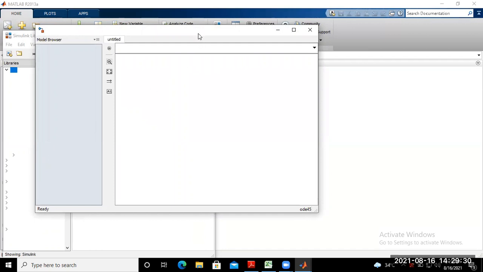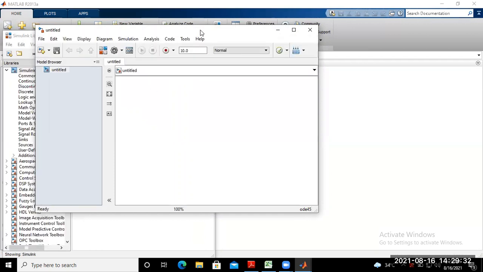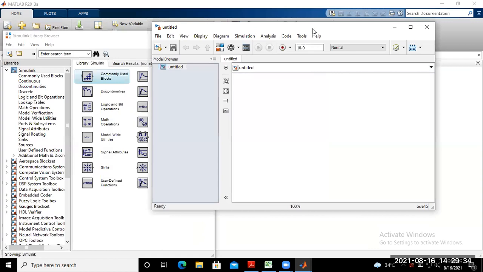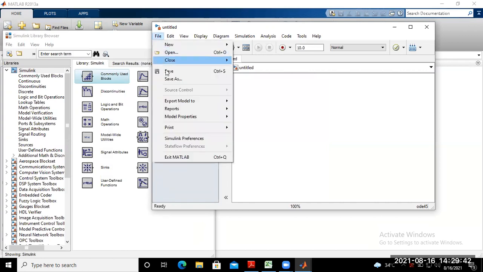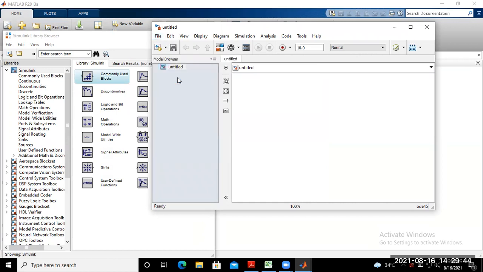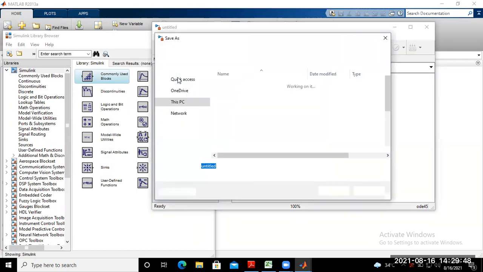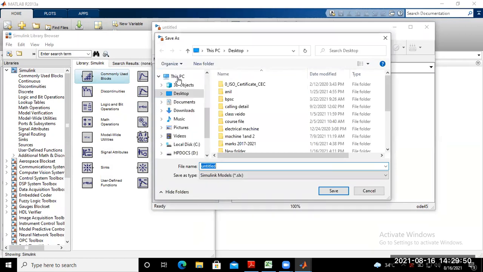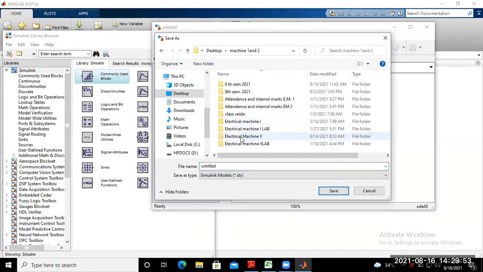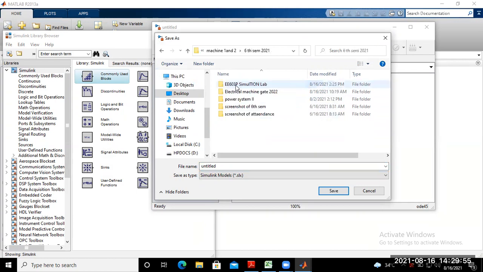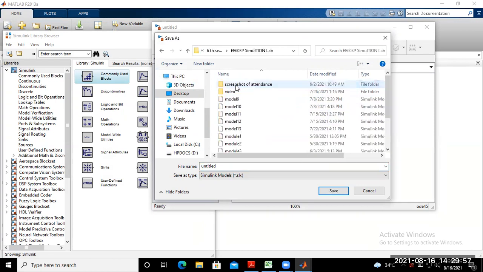Yeah, so this new workspace is created here. You may save this new workspace with some model name. Save as, in any particular folder where you want to place this simulation model. So I want to place it here in the Simulation lab.